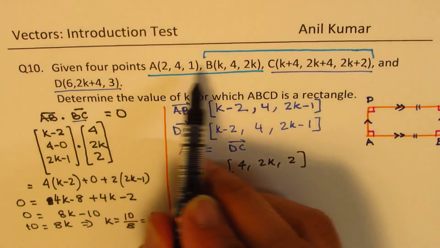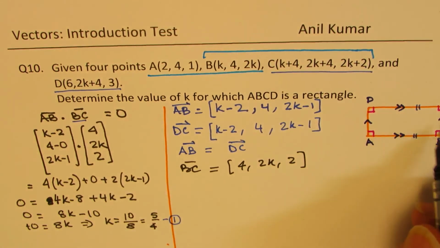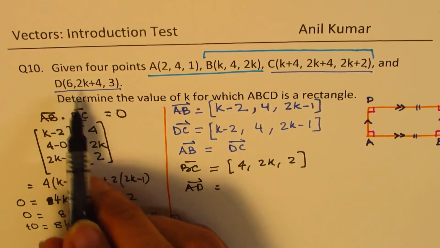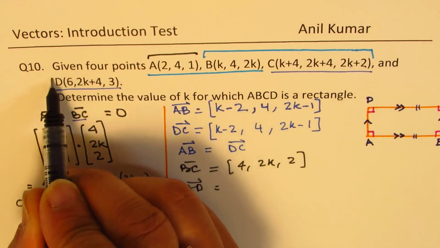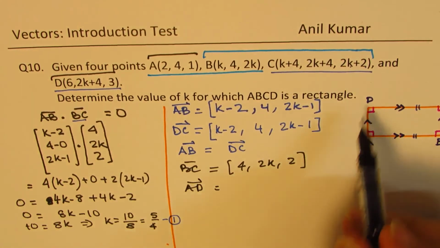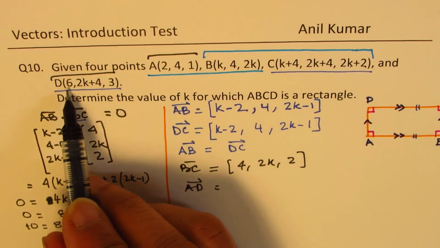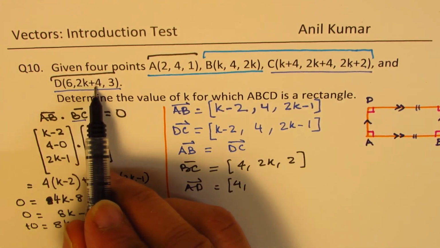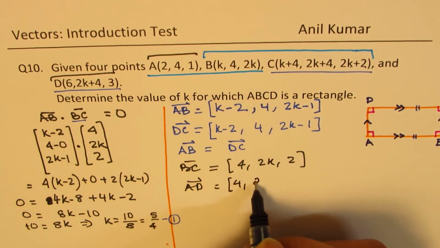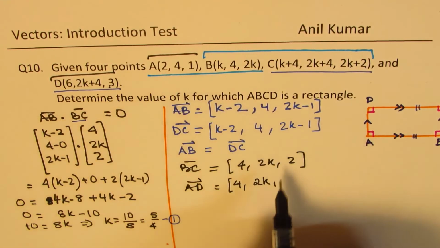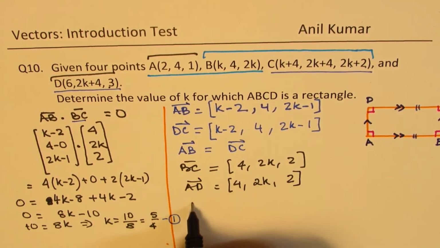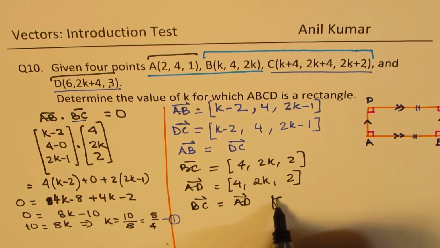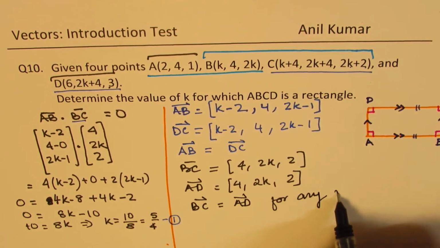Let's find AD. So AD means D minus A. So 6 minus 2 is 4. 2K plus 4 minus 4 is 2K. And 3 minus 1 is 2. So we have shown that BC is equal to AD for any value of K.